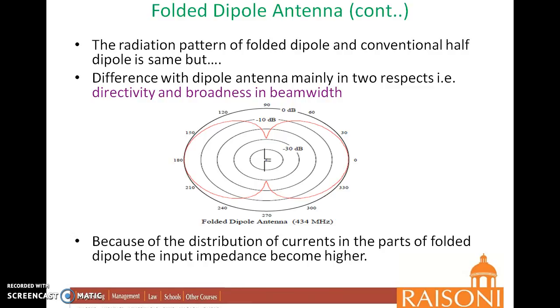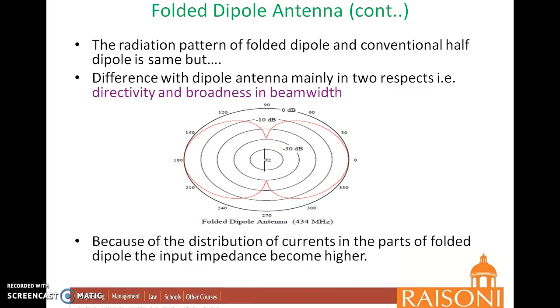The radiation pattern of the folded dipole and the conventional half dipole is the same, but the difference is the antenna has different directivity and broader beam width.